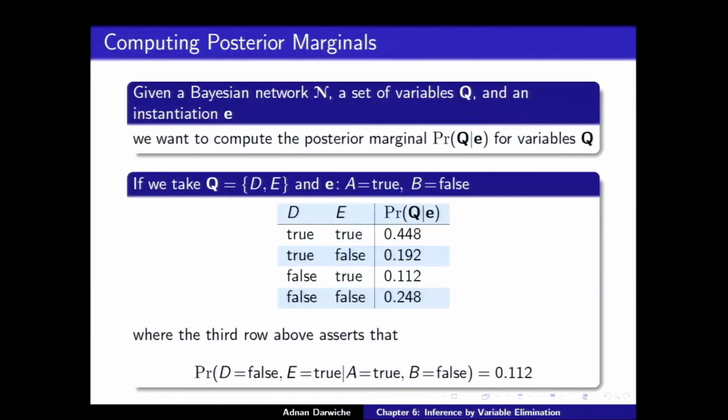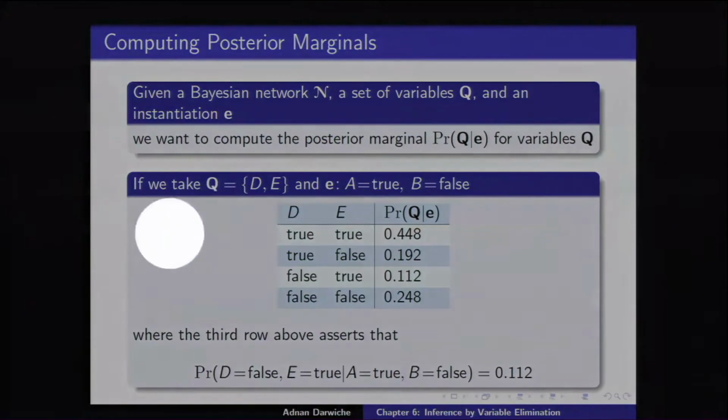The goal here is, I have the variables I want to compute the marginal over, which is like D, E. But I also have evidence in this case. A is true and B is false. So what I'm really interested in is this. What is the marginal over Q given the evidence E? And then what you're going to get back is a factor that represents that conditional distribution.